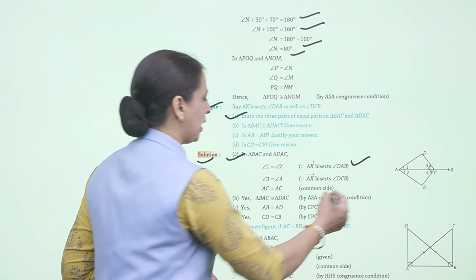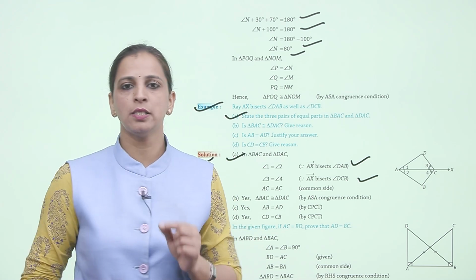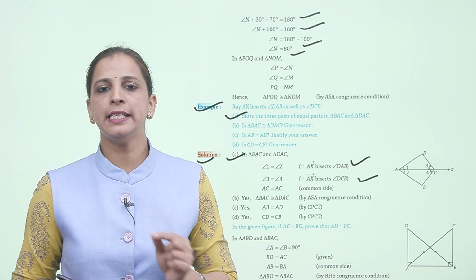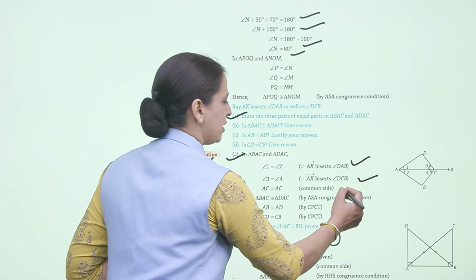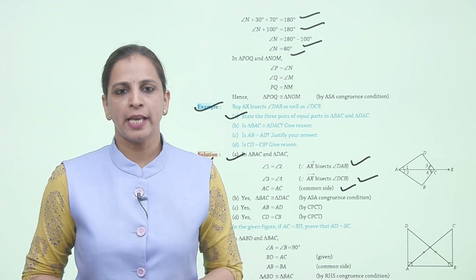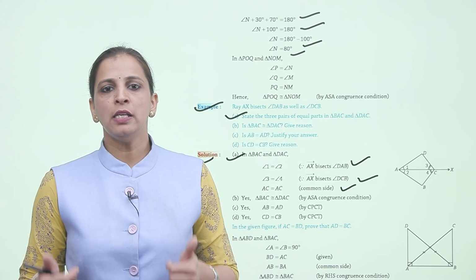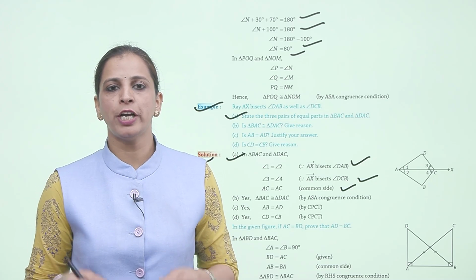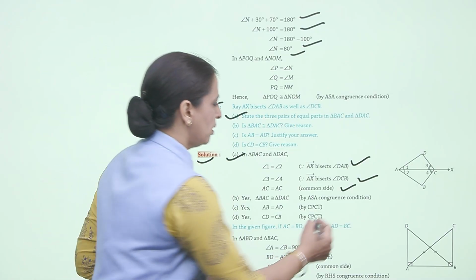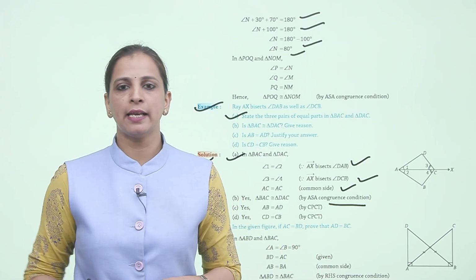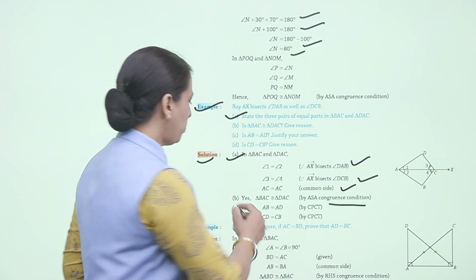Angle 3 is equal to angle 4, as ray AX bisects angle DCB, and AC is equal to AC, common side. Yes, triangle BAC is congruent to triangle DAC by angle side angle congruence condition. So B part is also proved.